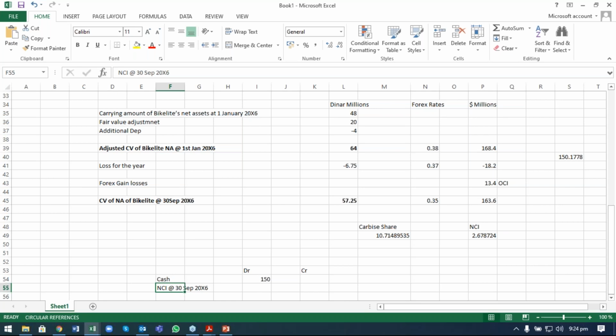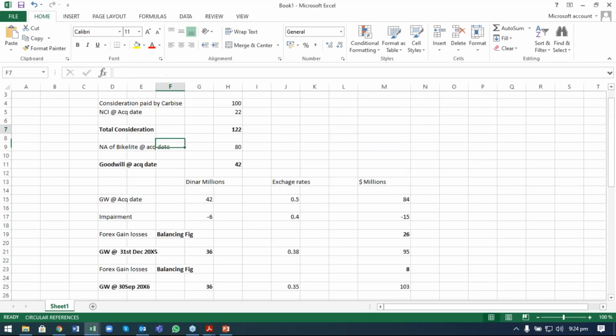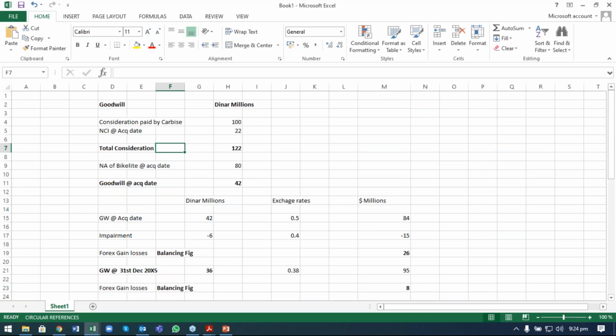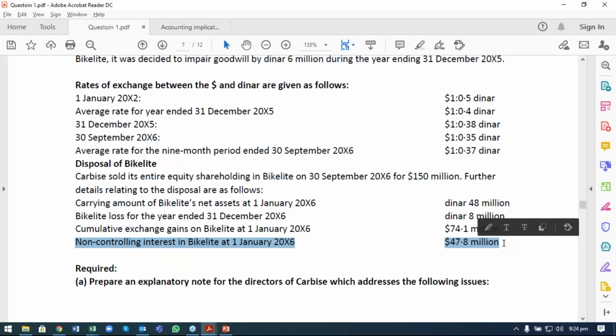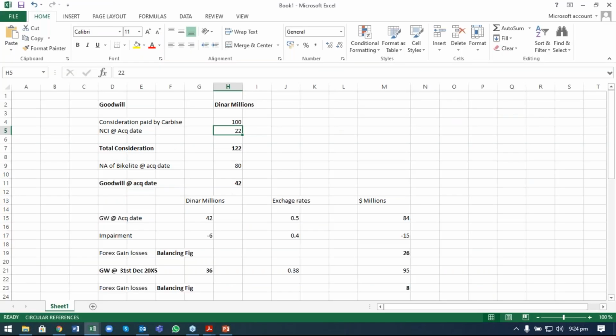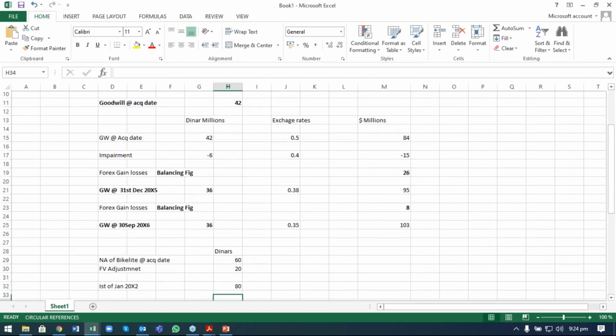So we will be looking into the NCI value, and I believe we have not calculated it. We have calculated NCI at the acquisition date, and afterwards we have not considered the NCI value. Looking into this question, the non-controlling interest in Backlight on 1st January was provided, that was 47.8 million. Any differences should be accounted for.